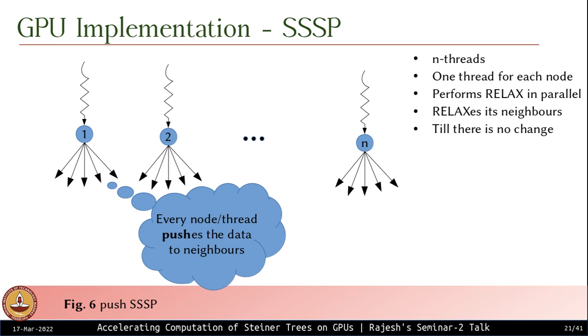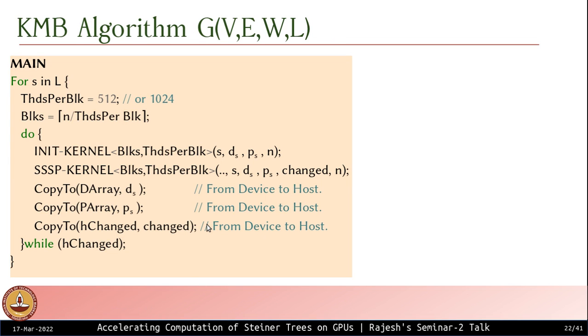In some sense, it is like pushing the data from the source to every other vertex. For example, node 1 pushes the data from itself to all its neighbors. So we call this implementation a push based SSSP, right? This is a standard implementation of SSSP.